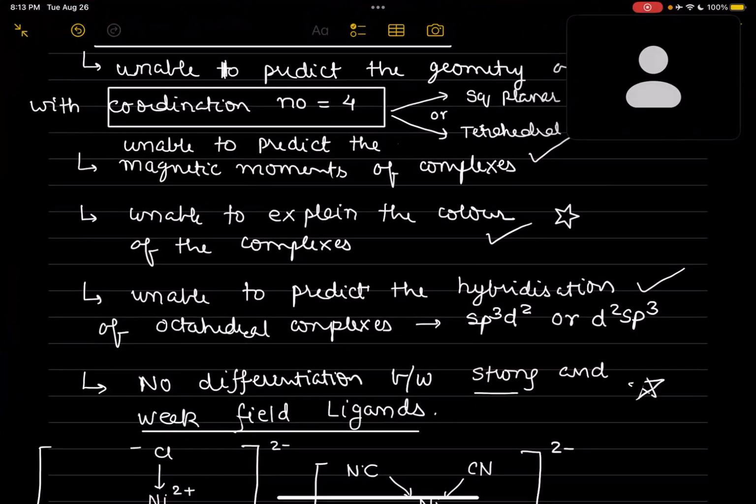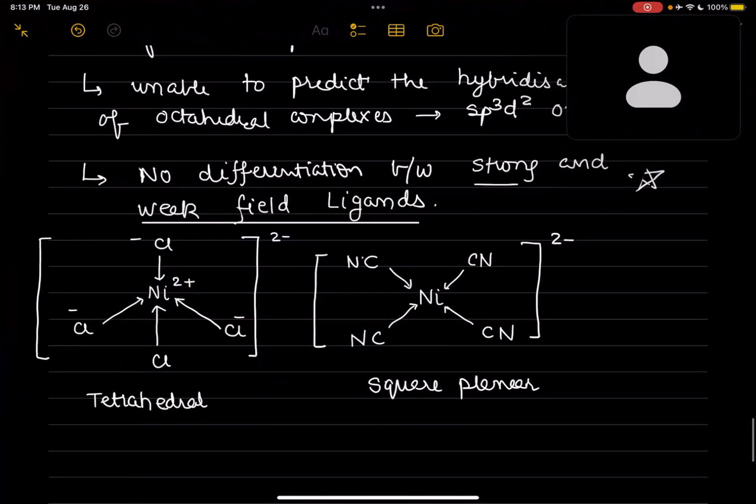Valence bond theory is also unable to predict the magnetic behavior of the complexes and the color of the complexes. Is it clear?